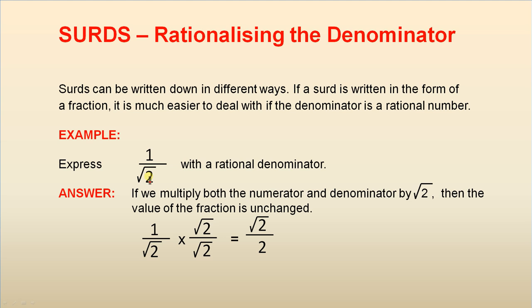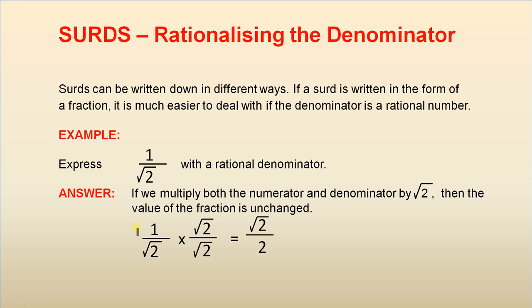That is irrational. Let's see how we change this fraction so it still has the same value, but it has a rational denominator. If we multiply both the numerator and denominator by the square root of 2, then the value of the fraction is unchanged. So basically the square root of 2 over the square root of 2 equals 1.